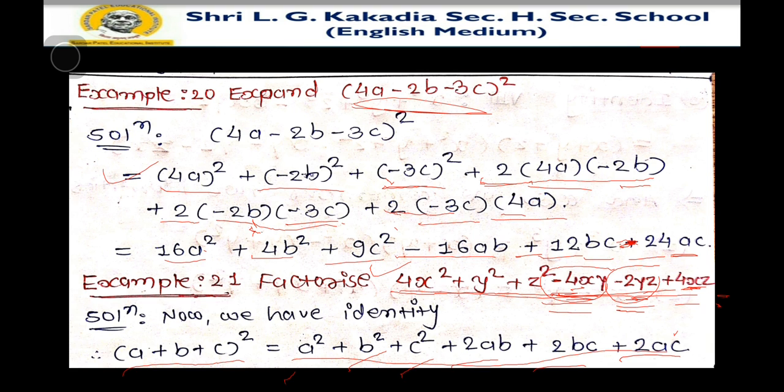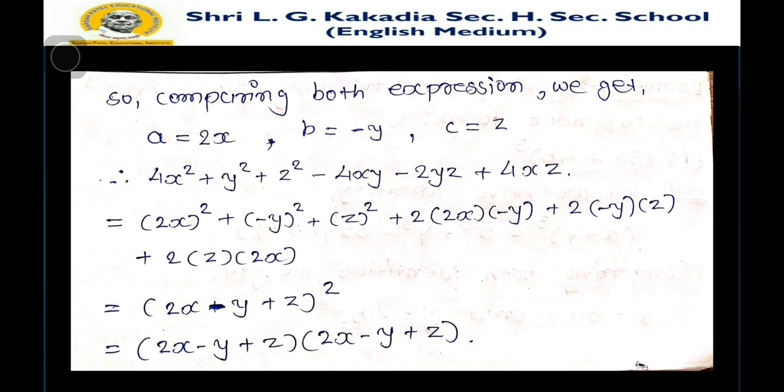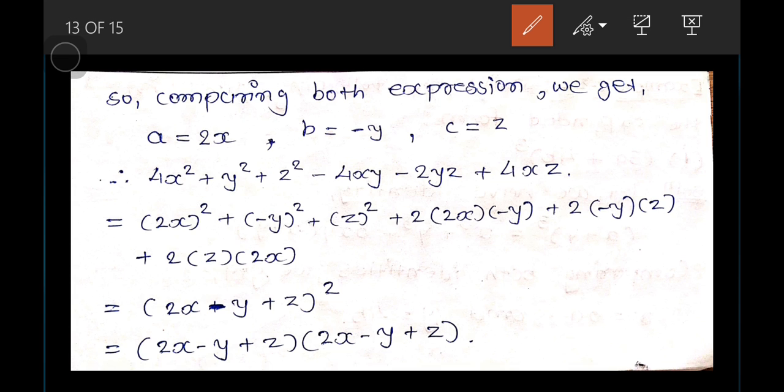Comparing both, we get a as 2x, b as minus y. Why have I put b equal to minus y? Because the fourth and fifth terms have the common variable y, and both terms have a minus sign, so I have given the minus sign to y. And c is equal to z.